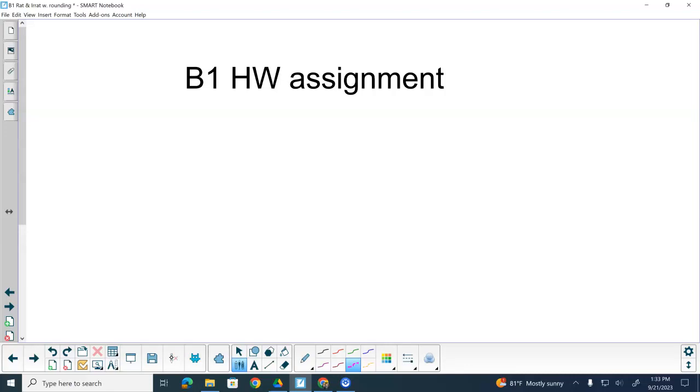Just so you know, if you need a calculator and you don't have one, you can borrow one of ours, but you've got to bring us something as collateral, like a phone or an ID or a debit card, so that we know who took our calculator and we don't lose any calculators. Today, though, if you need to use your Chromebook as a calculator, I would use that as opposed to using your phone as a calculator.